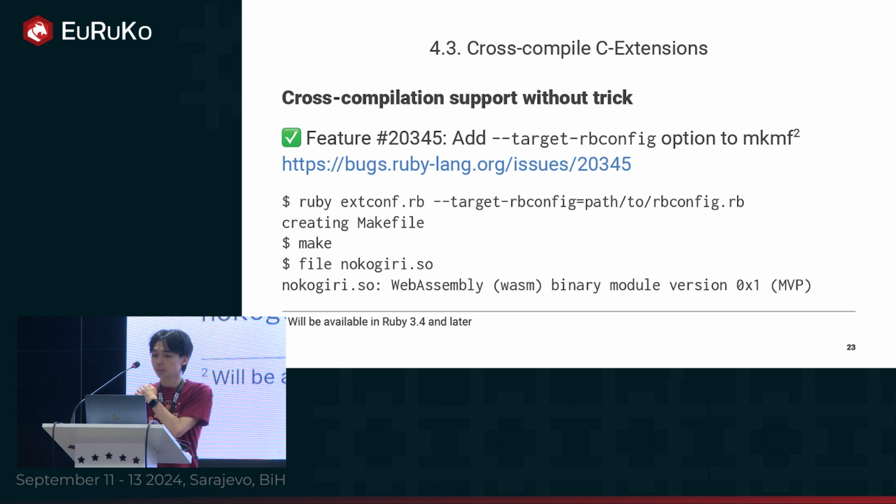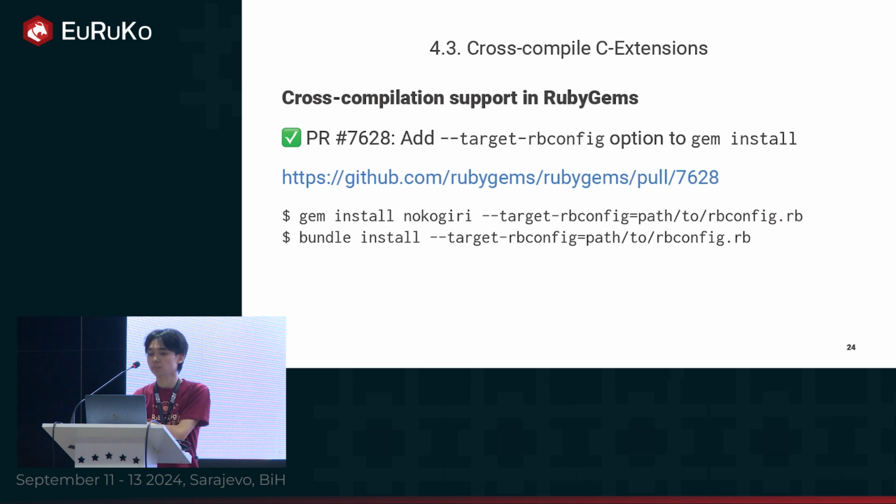It will be shipped as a part of Ruby 3.4, and we also added support in RubyGems itself. It's merged in the main branch, so it should be available in 3.4 too.